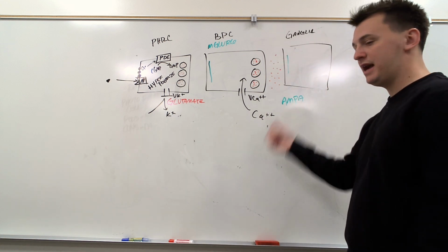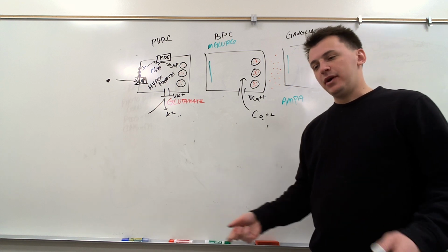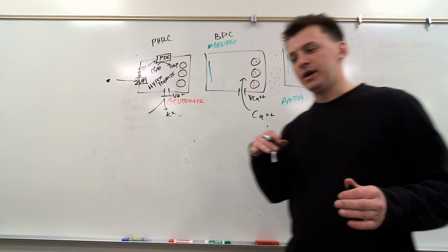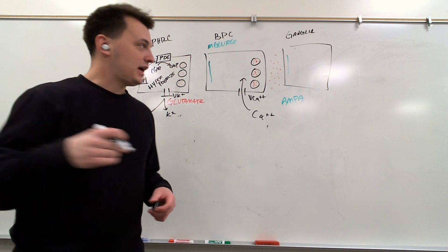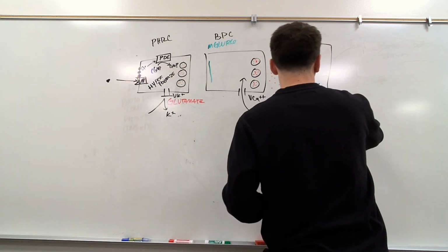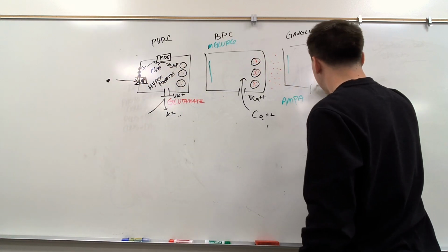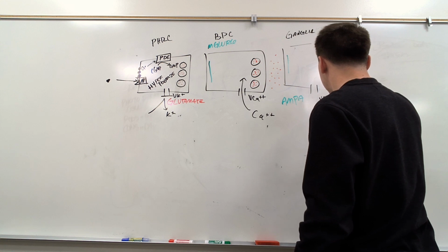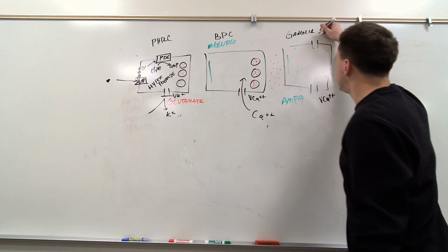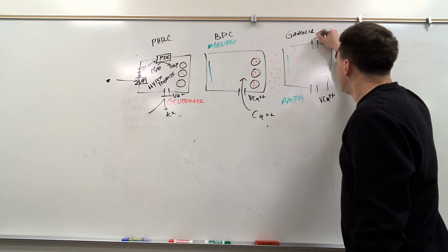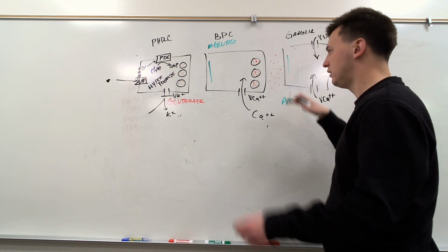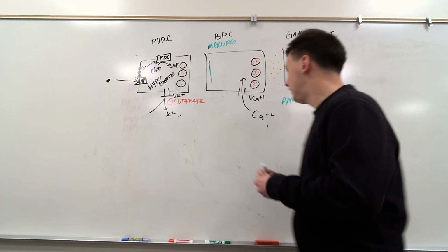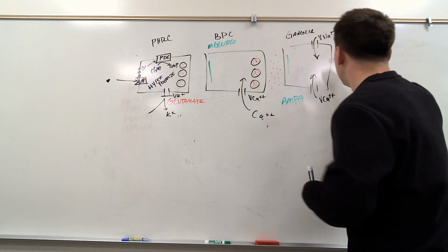AMPA gets activated by the glutamate, and what actually happens with AMPA being activated is we have these other channels. We have, again, a voltage-gated calcium channel, but it activates this voltage-gated sodium channel. These flood into the cell, and then glutamate is released again.